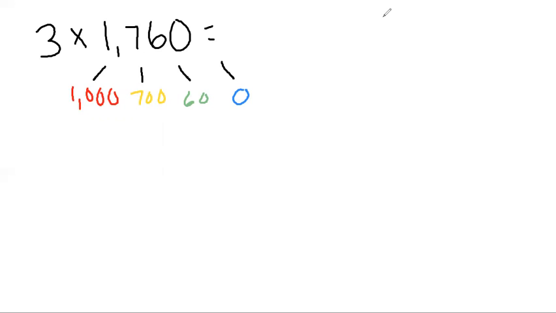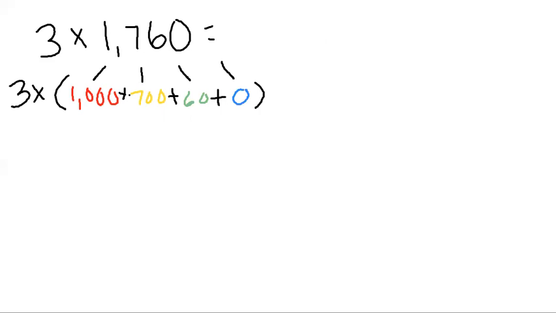Now we're going to multiply each one of these times 3. Got my plus signs, adding symbols. So now I have 3 times 1,000, 3 times 700, 3 times 60, and 3 times 0. Okay, so go ahead and write that as your equations, writing it out.